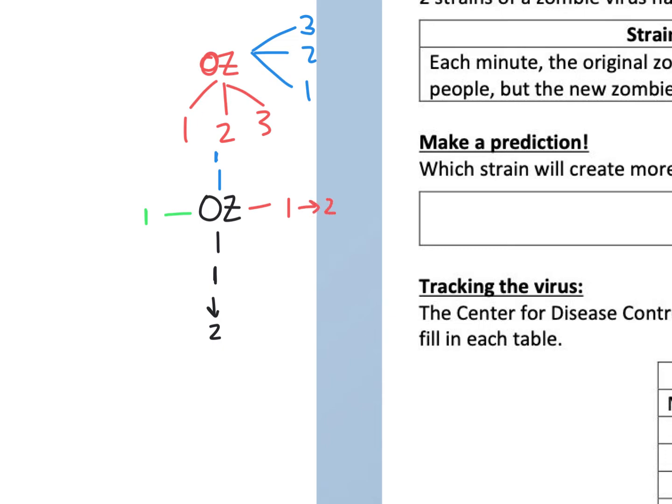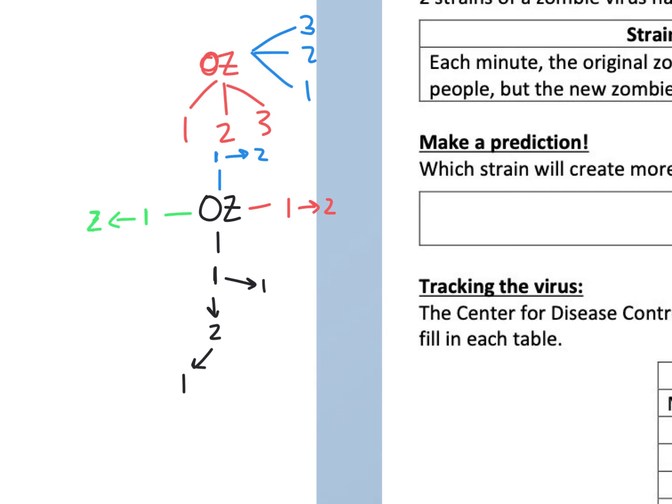I ran out of space there, so I'm going to go sideways. They've infected this first person, that person infected someone, but now this person can infect someone, and this person can infect someone, and so on. Does that kind of make sense?